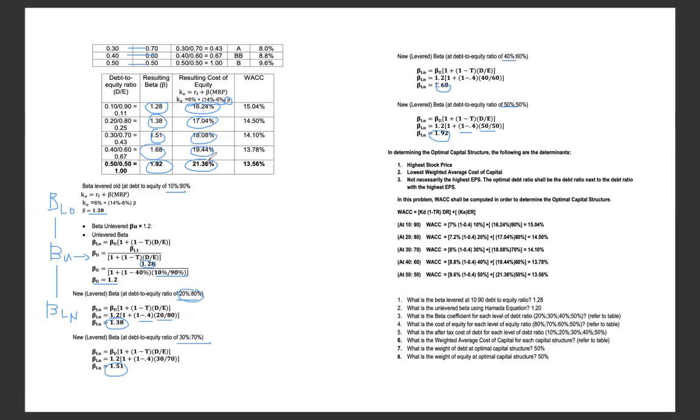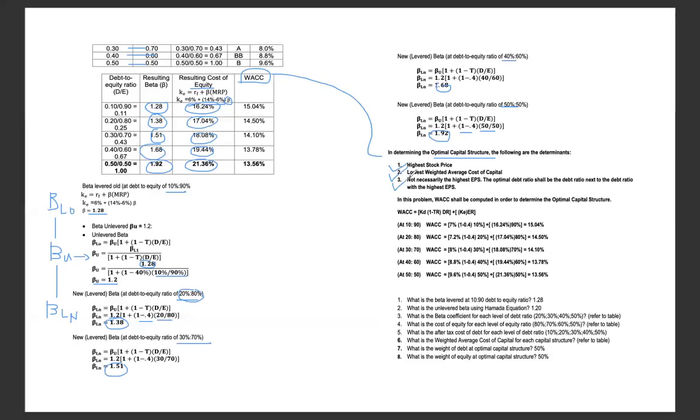Okay? It does not mean, class, that the highest cost of equity is also the optimal. No. Your main determinant, class, is WACC. Because the weighted average cost of capital does not only look at the cost of equity, it also takes into account the cost of debt. In determining the optimal capital structure, the determinants are the highest stock price, the lowest WACC, and not necessarily the highest EPS.